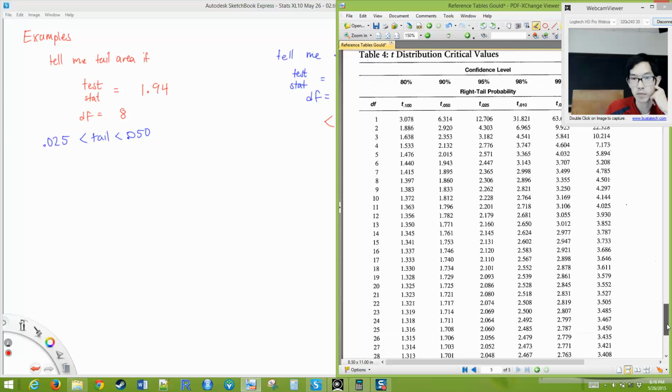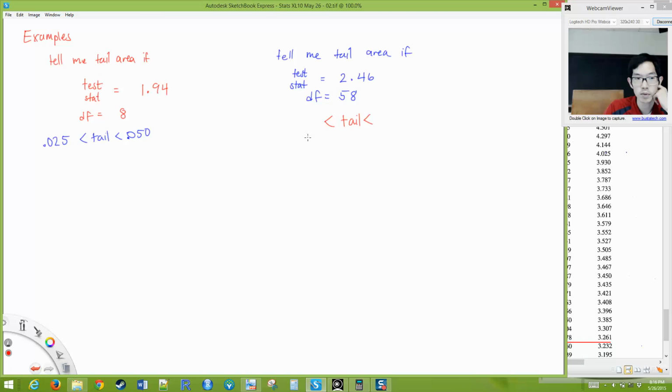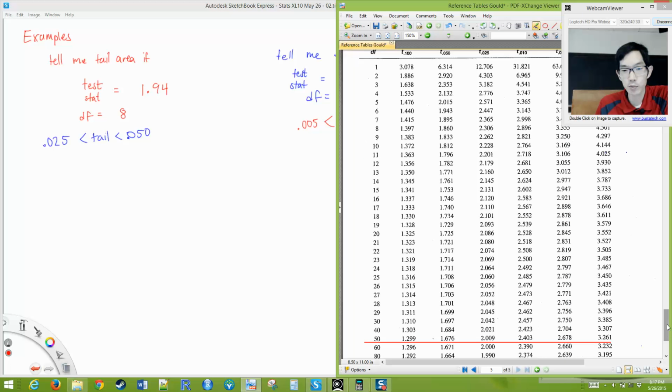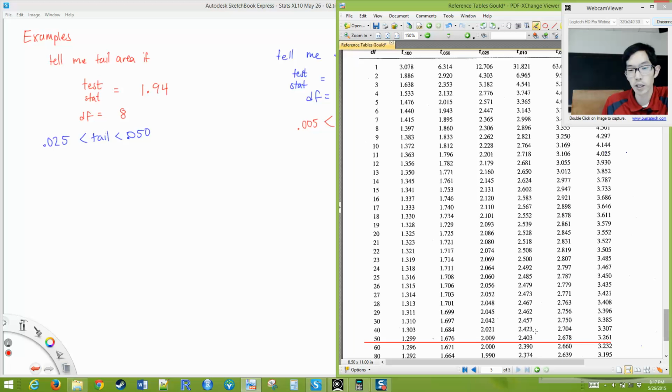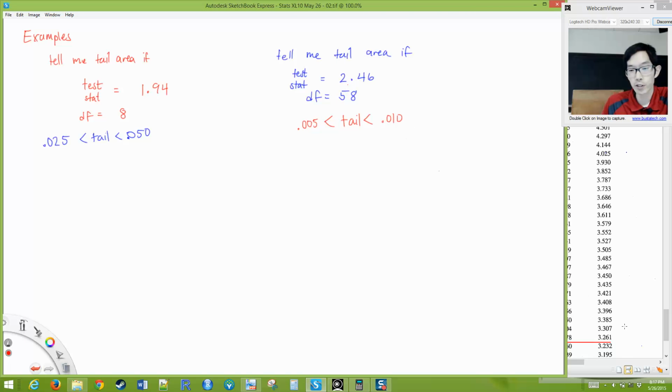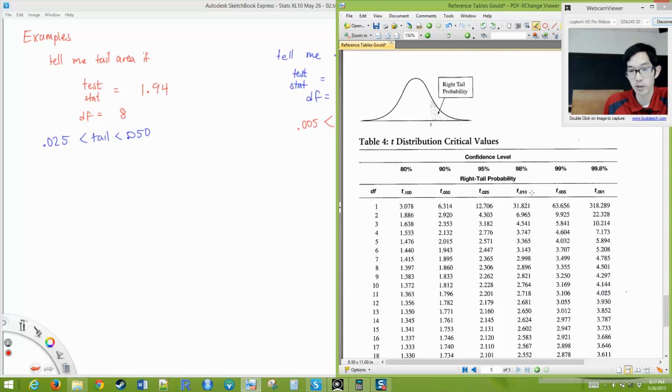Is the lower value always going to be on the left side? It doesn't matter. Okay, so I got my tail area between 0.005 and 0.010. Is that what we got? Okay, so because we don't see 58 degrees of freedom in the table, we'll use 50 degrees of freedom. 2.46 is in between 2.403 and 2.678, and so my tail area is between 0.010 and 0.005.